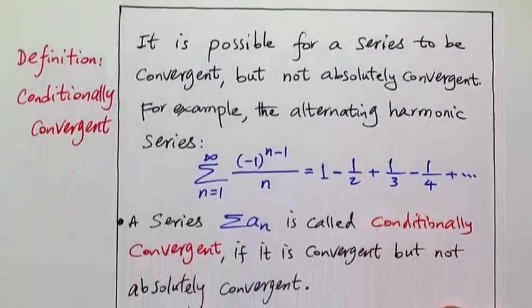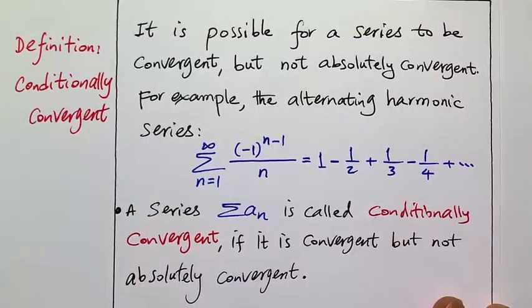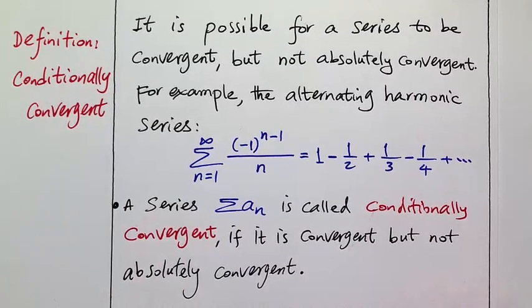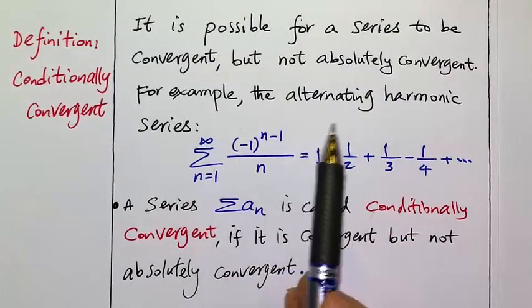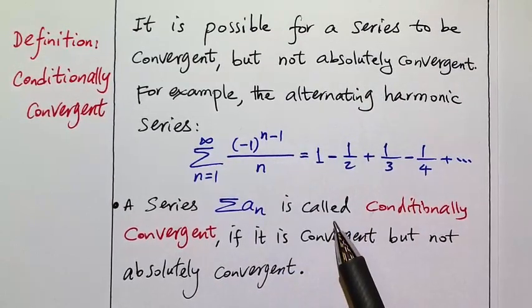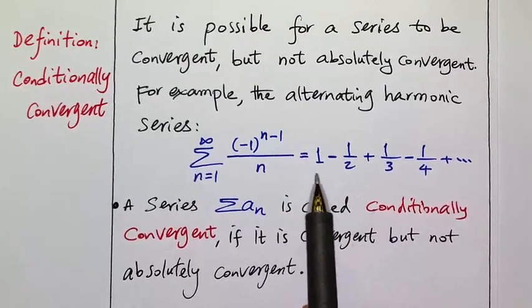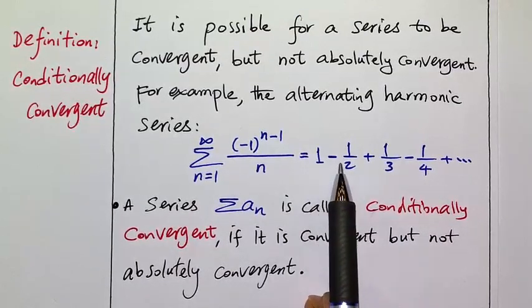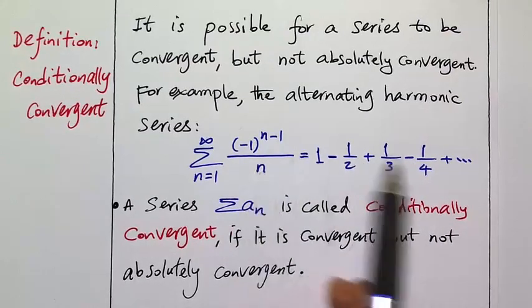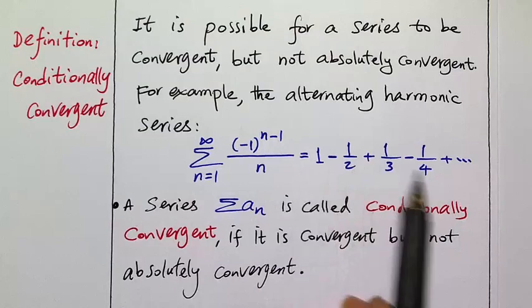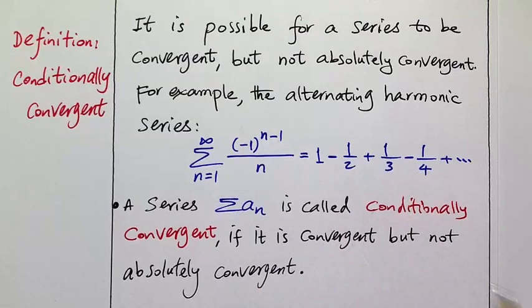Now, the conditionally convergent case is when we have series that are convergent but not absolutely convergent. In other words, if you include the positive and negative terms in the alternating series, if you add all the terms, positive and negative, this series is convergent.